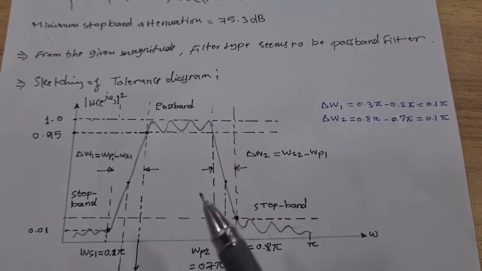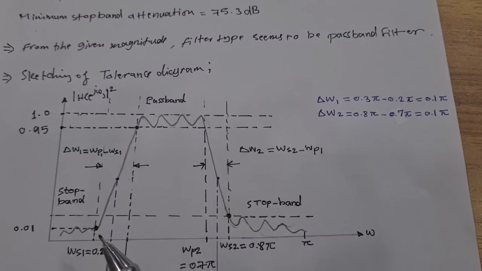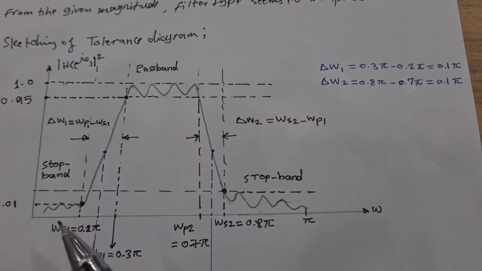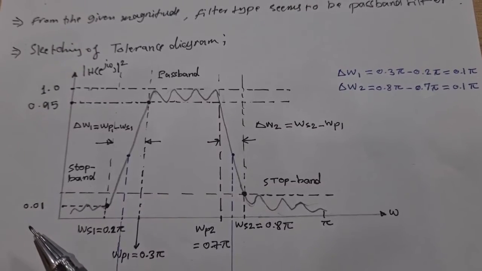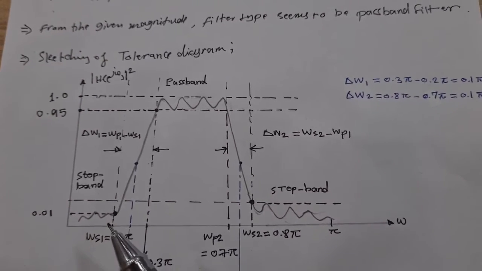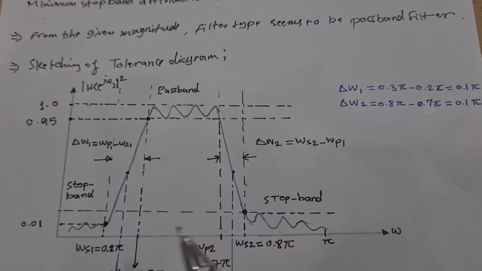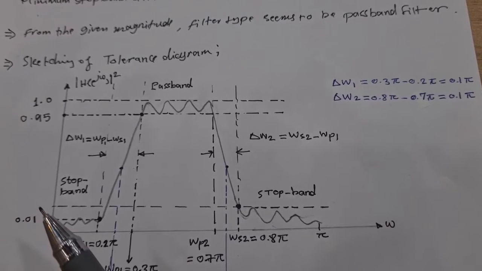For the cutoff frequencies, for the first stop frequency, we have delta equal to 0.01 for ωS1, and for ωS2 we also have 0.02.